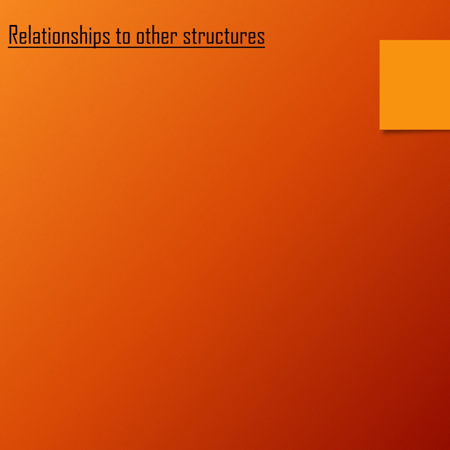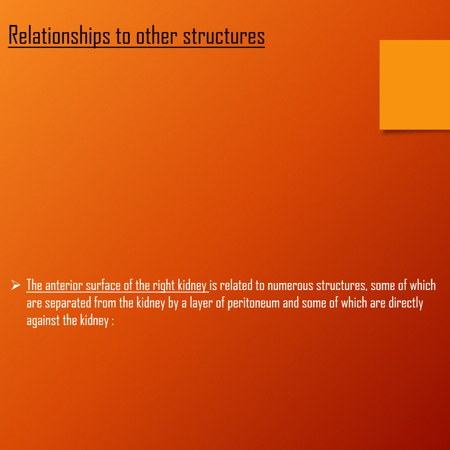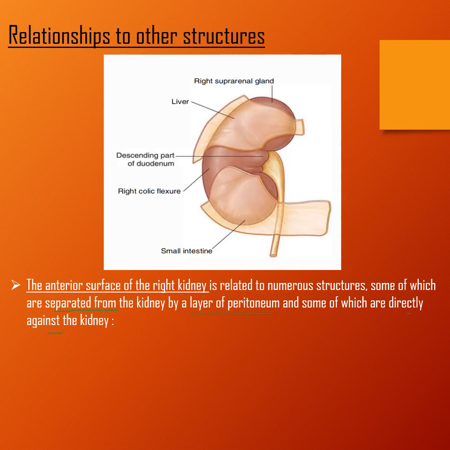Relationships of the kidney with the other structures. The anterior surface of the right kidney is related to numerous structures, some of which are separated from the kidney by a layer of peritoneum and some of which are directly against the kidney. This image shows the relationships of the anterior surface of the right kidney.